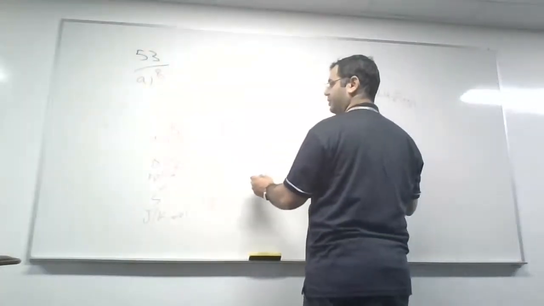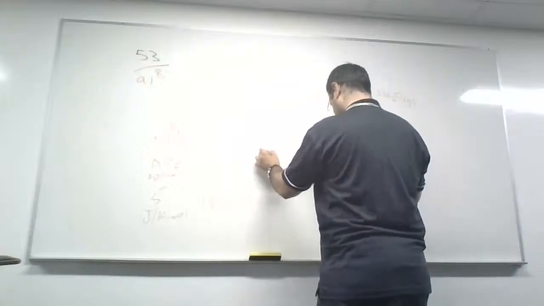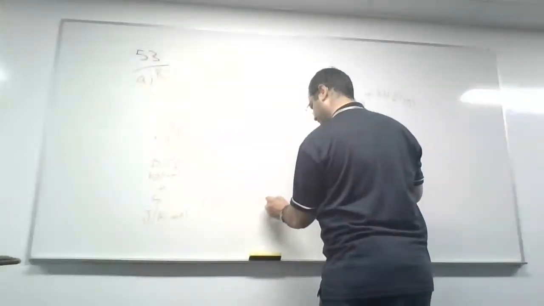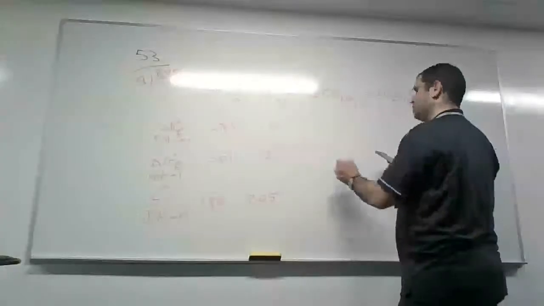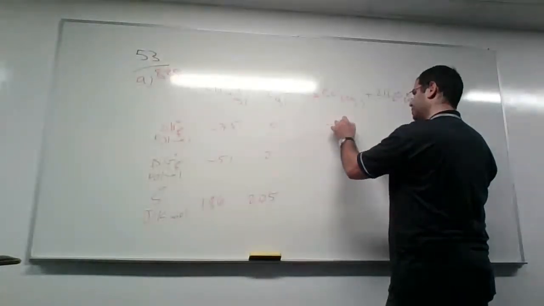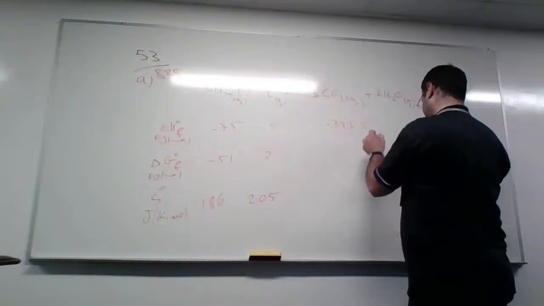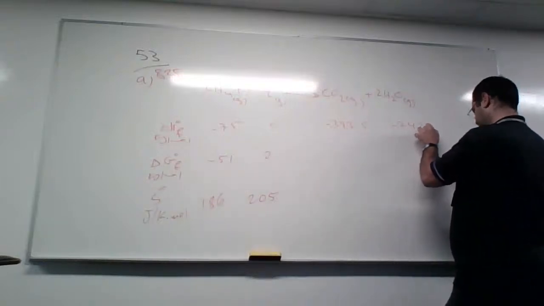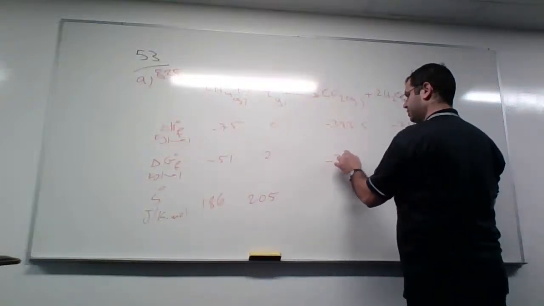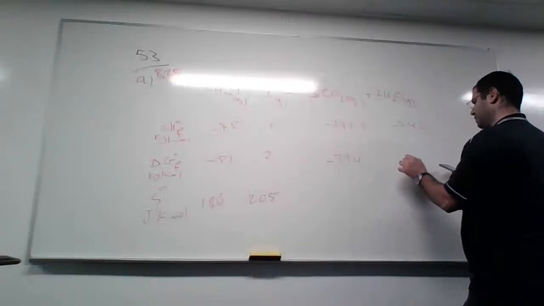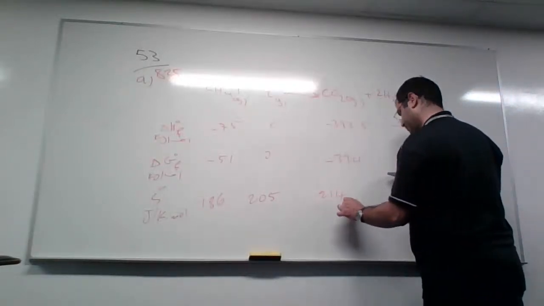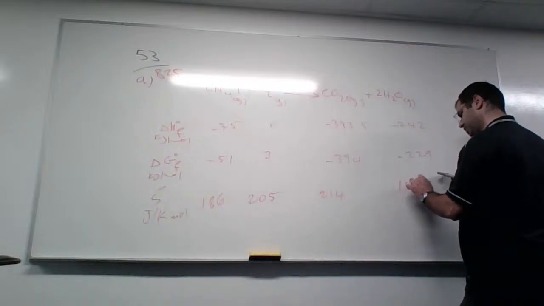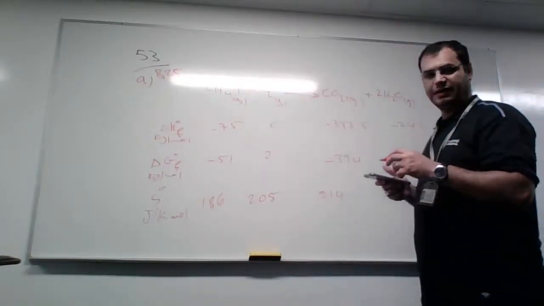So here for this one, 0, 0, 205, and then for this one minus 393.5. For this one, minus 242. For this one, minus 394. For this one, minus 229. And then 214. And then 189. Okay, you have all this data.